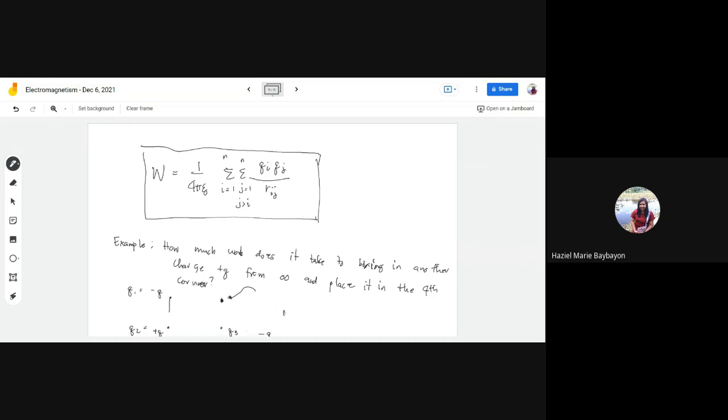The distance between Q1 and Q2 is A, and this is also A. So our configuration is a square.